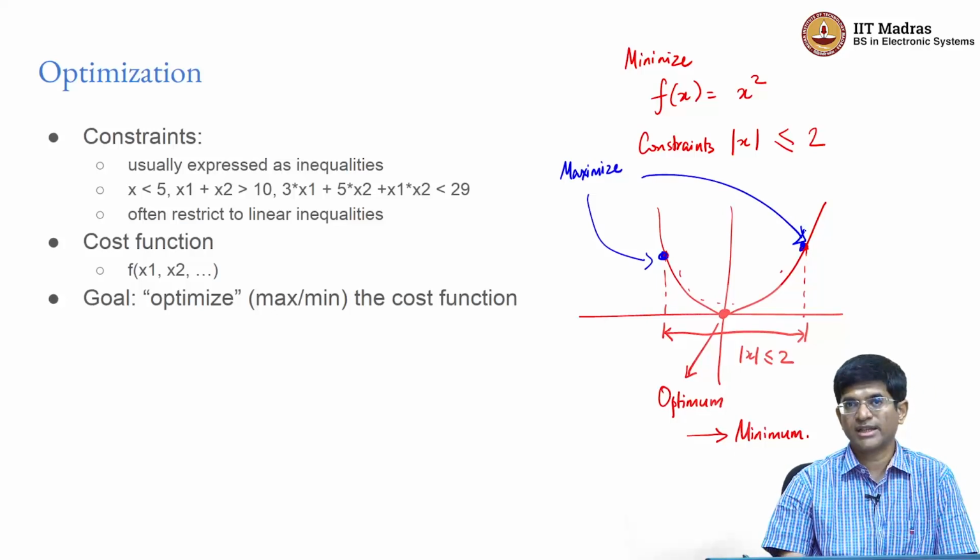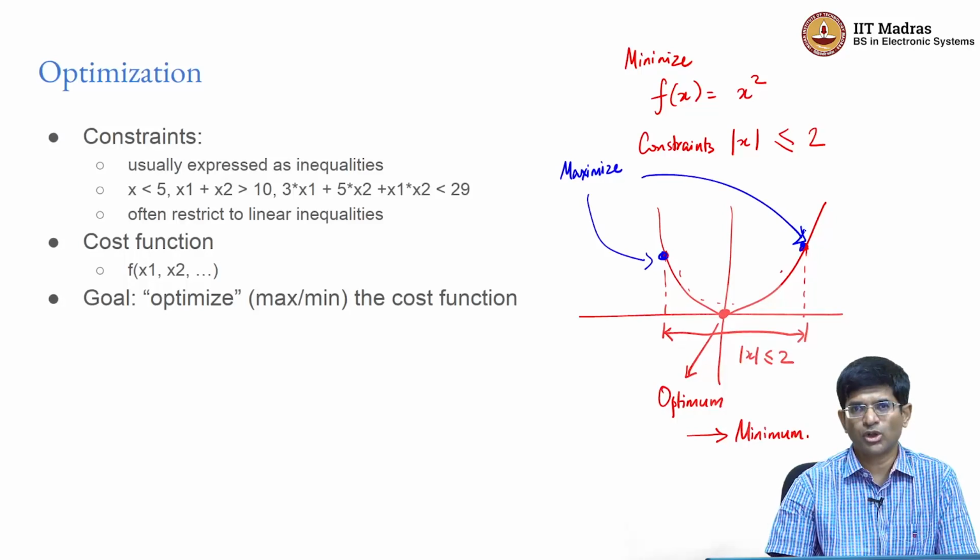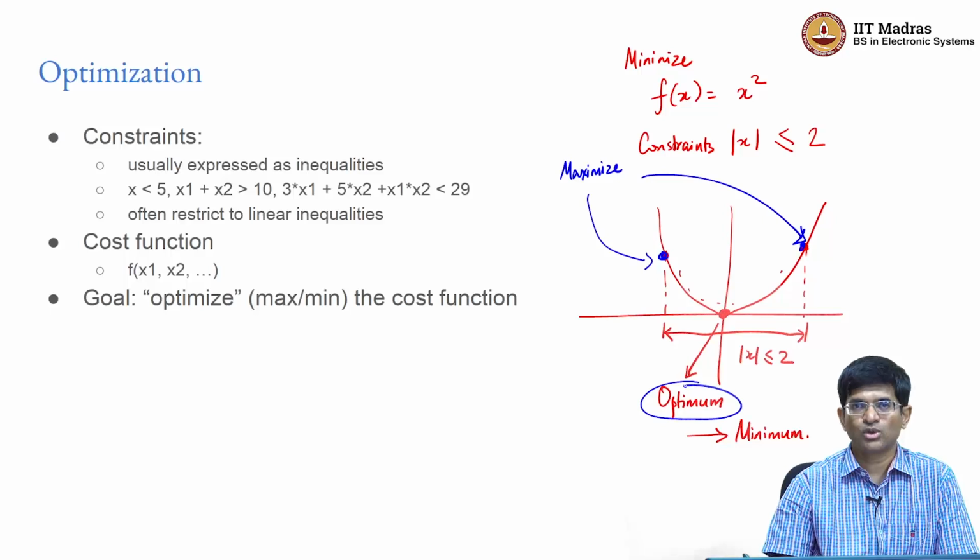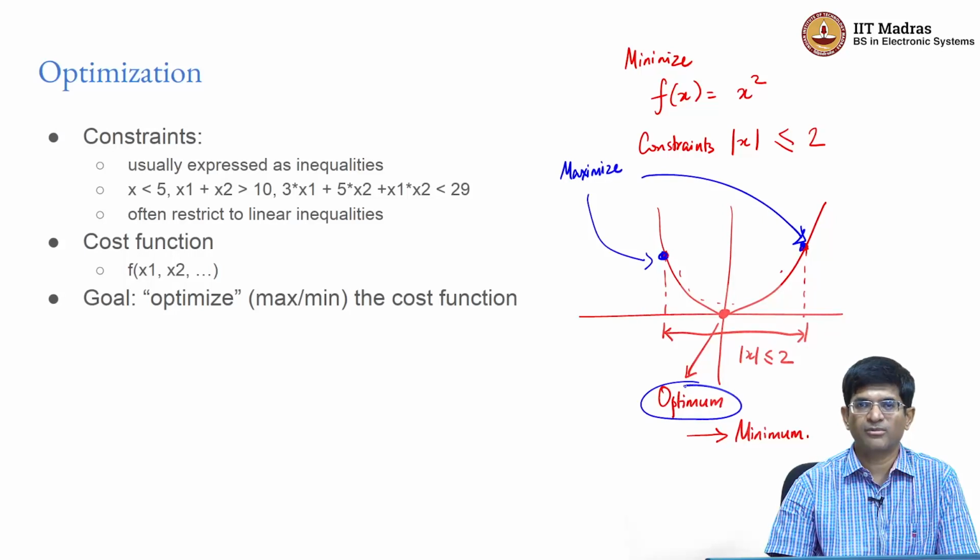So it's not that it is either maximum or minimum and that's the only thing that can be found. Depending on what you have been asked to do, that is your notion of optimization. Here I am using the term optimum as either a maximum or a minimum depending on what you want. You have been given a cost function and a set of constraints, and under those constraints you need to find the optimum value of that cost function, or rather find the value of x that gives you the optimum value of that cost function.